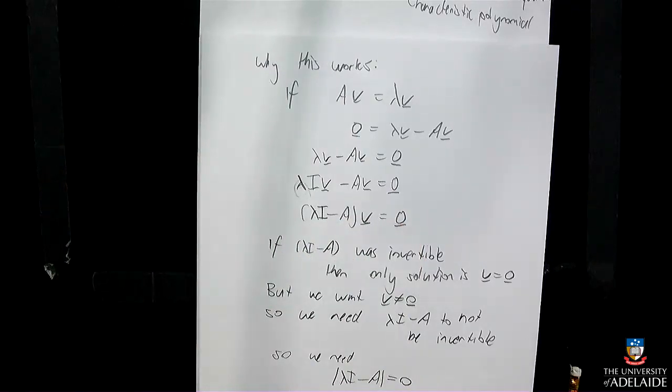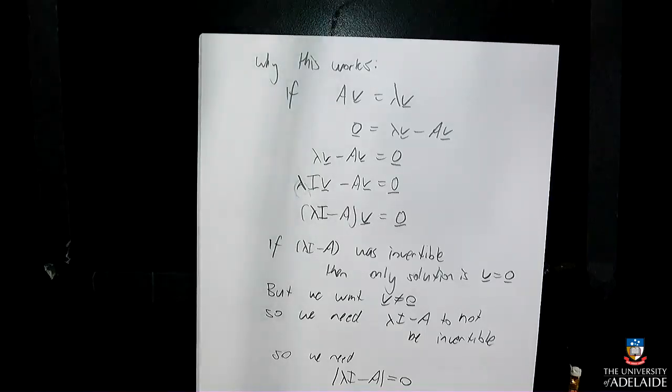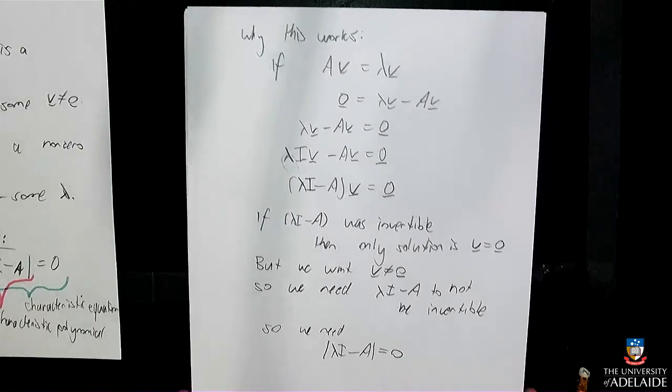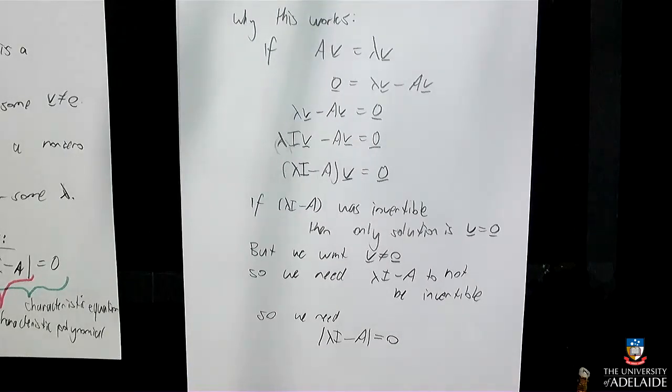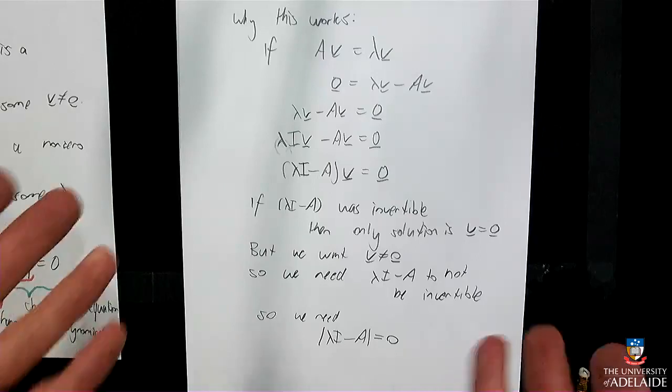So that theorem back in Maths 1A, one of the reasons it's there is because eigenvalues are coming. Couldn't tell you that then because you didn't know what eigenvalues were, but that's one of the reasons it's there. And one of the reasons that theorem is there is so that we can do cool tricks like this. Okay, so that's why it works.